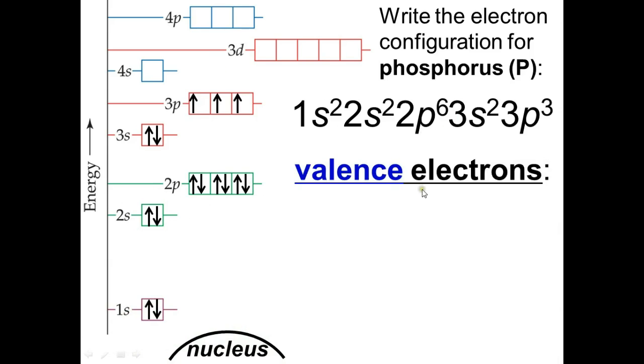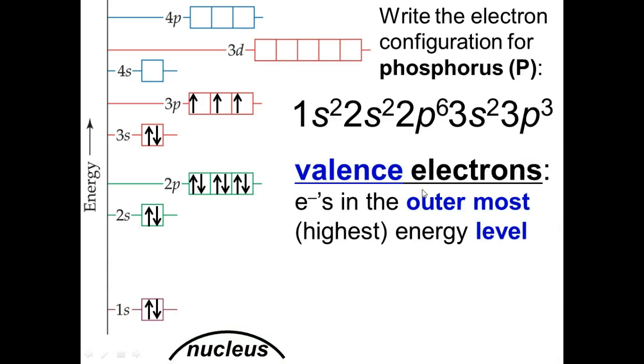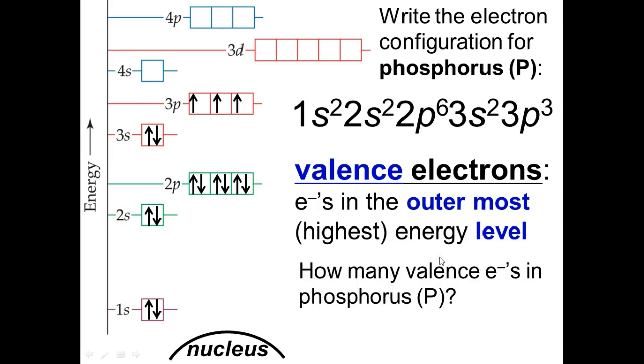Valence electrons are the electrons in the outermost or highest energy level, and the numbers, or coefficients of these letters, represent energy levels. So this is 1, this is 2, this is 3, and so is this. To find the number of valence electrons, you look at the number with the highest coefficient. In this, there's 1, 2, and then 3.